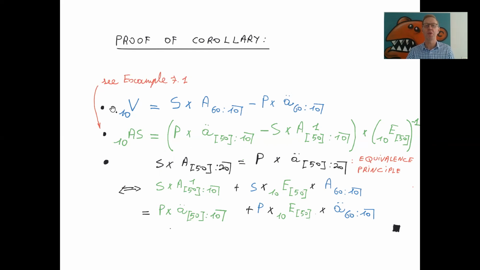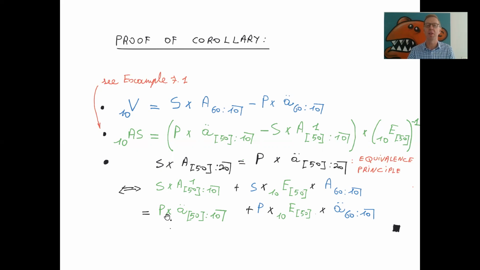Now we have the equivalence principle. The equivalence principle tells us that the actuarial value of future benefits must be equal to the actuarial value of future premiums. Now we split the left-hand side of this equation into the benefits for the first 10 years and the benefits for the last 10 years.